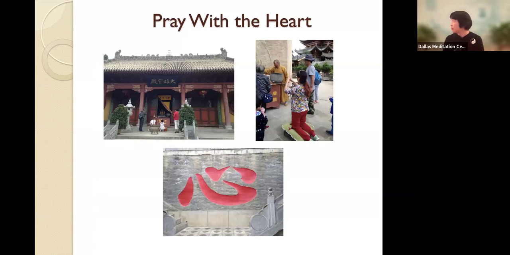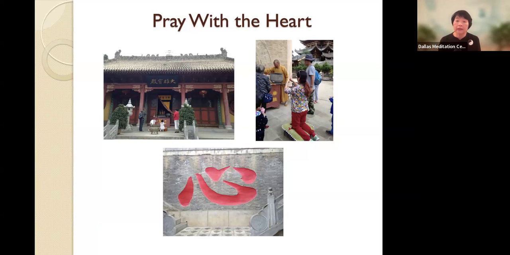These are three pictures I took when I visited a Taoist mountain in China about 10 years ago. Although China is officially an atheist country, there are a lot of people practicing.